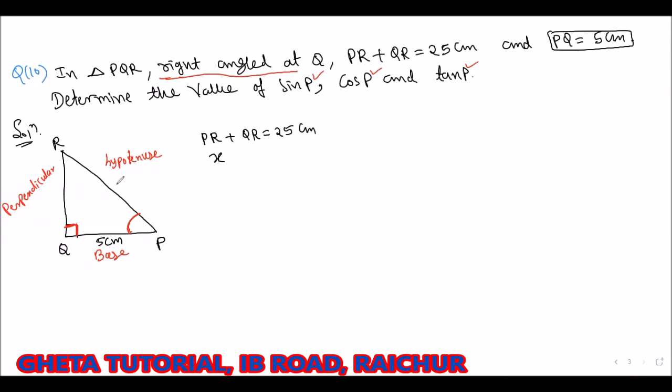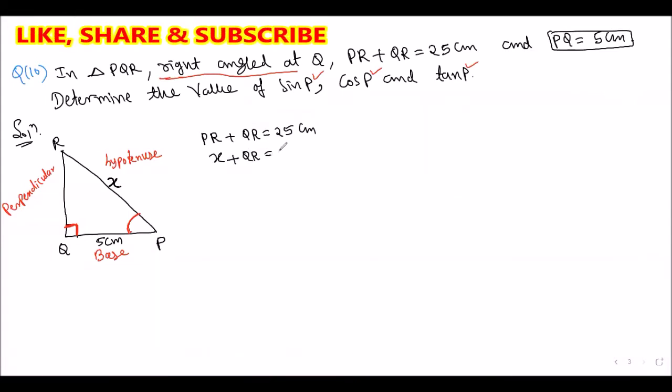PR I will take as X, plus QR as it is, no changes, is equal to 25 centimeters.